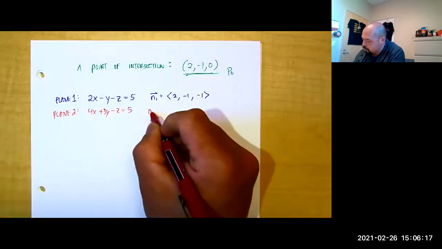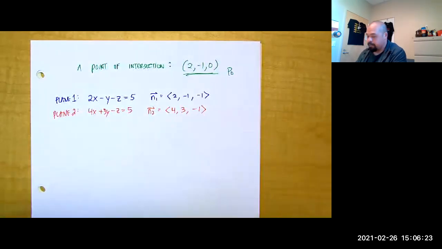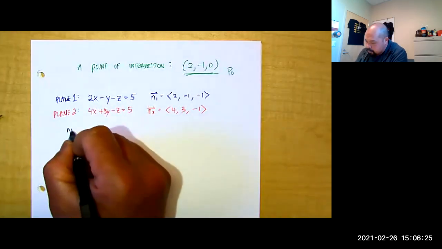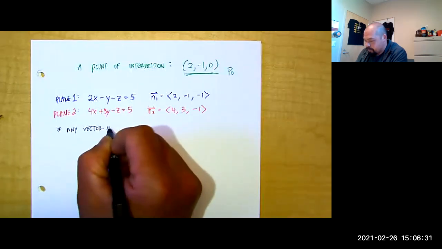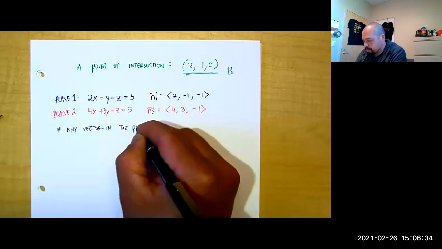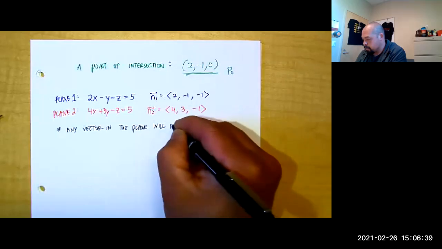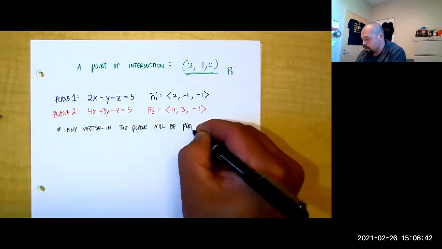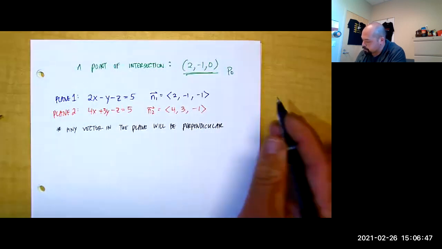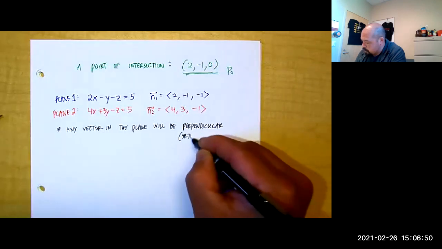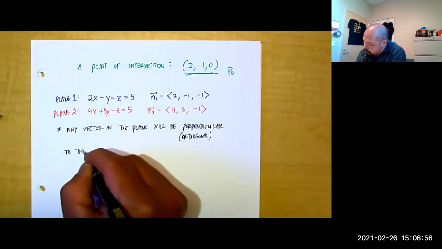My other normal vector is 4, 3, -1. And now the property is that any vector in the plane, whether it be in plane 1 or plane 2, will be perpendicular or orthogonal to the normal vector.